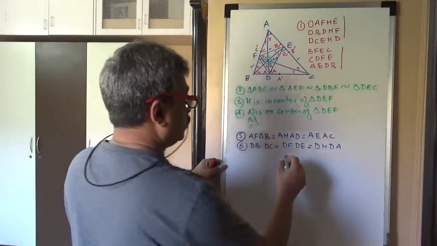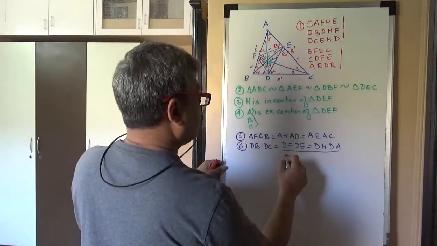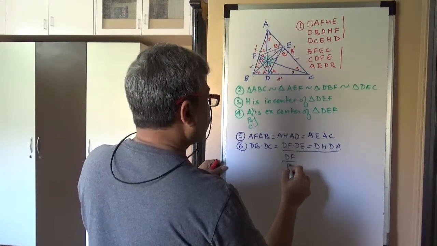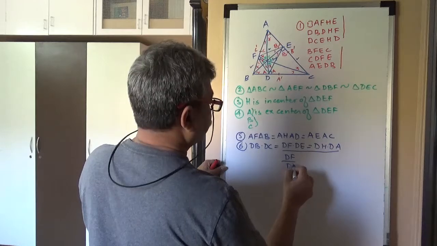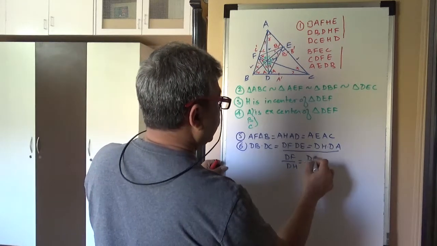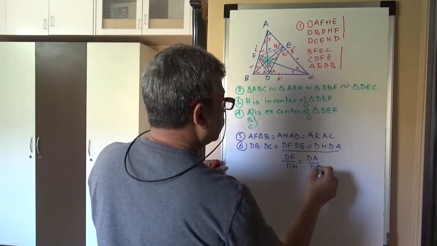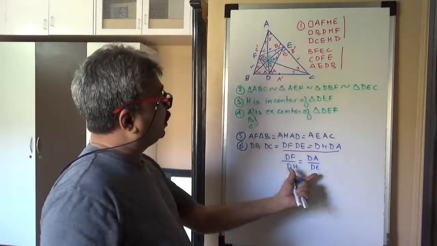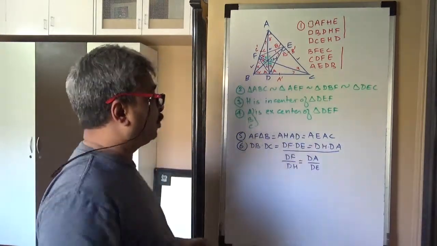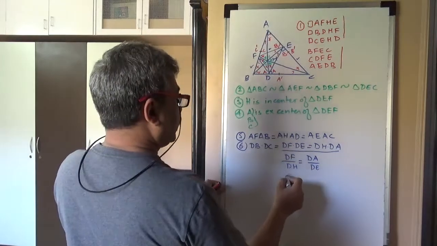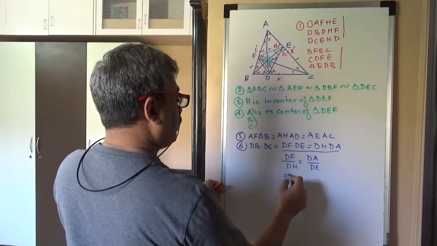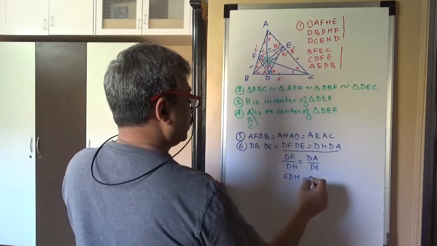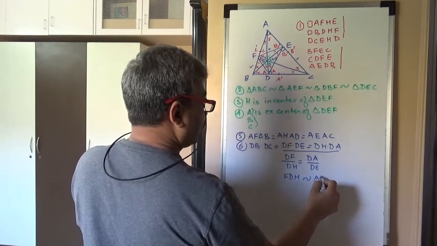Now these ratios, these things you can very easily prove. Maybe I will show you one. Suppose I want to prove this, then I have to write DF upon DH is equal to DA upon DE. If these two ratios are equal, then this is going to be true. So in this case I will say, let me check whether triangle FDH is similar to triangle ADE.